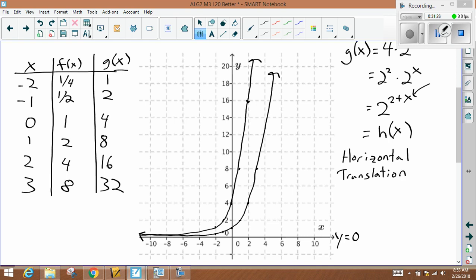And it's actually a translation of -2 units, even though it's a positive x. We're adding a positive 2 to the x. It turns out that that shifts it in the negative direction.